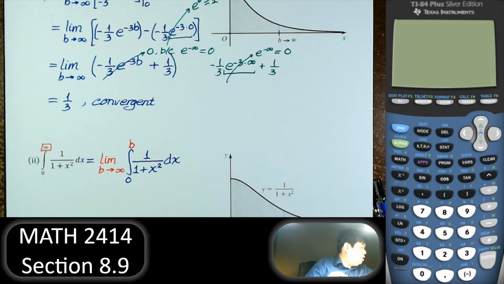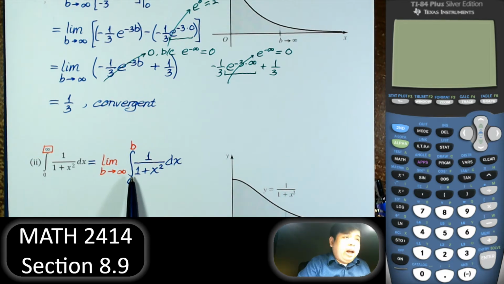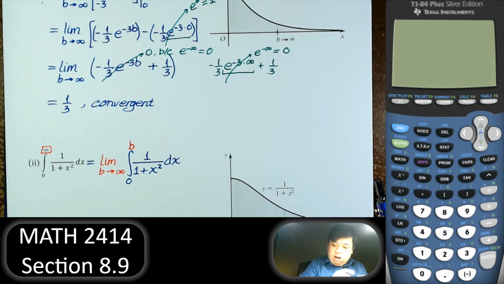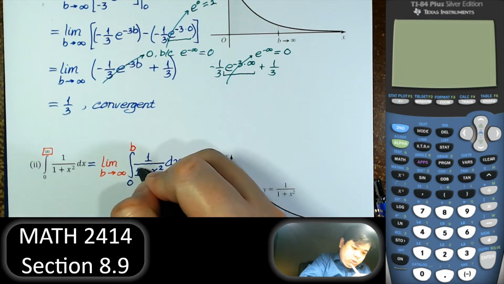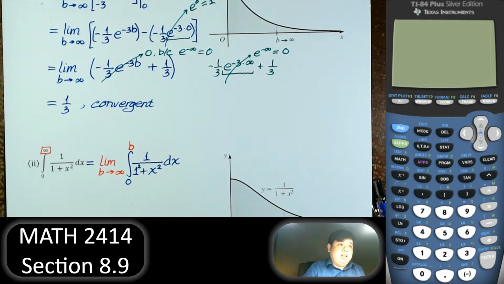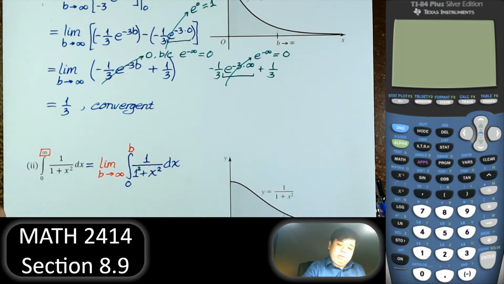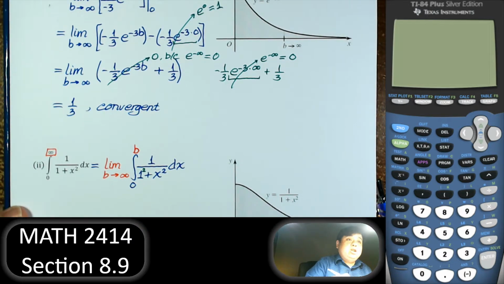Where we have x squared plus constant square. We want to make a square here, and that is the tangent substitution. When we do that, that should be tangent inverse. Section 7.5. But let's just do the trig substitution here.